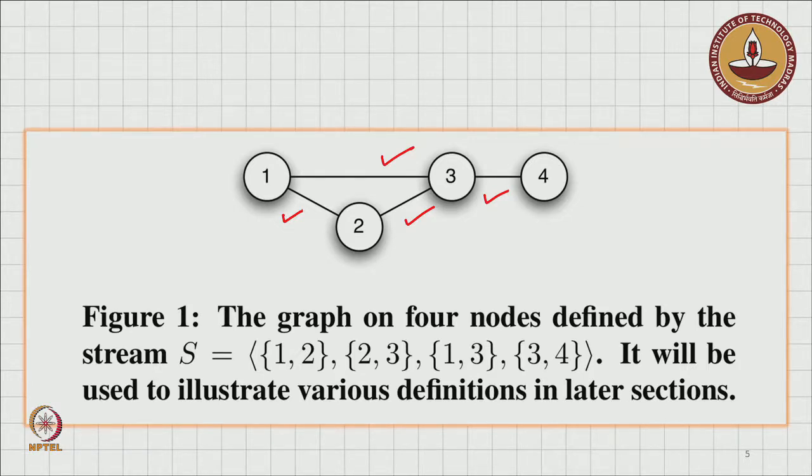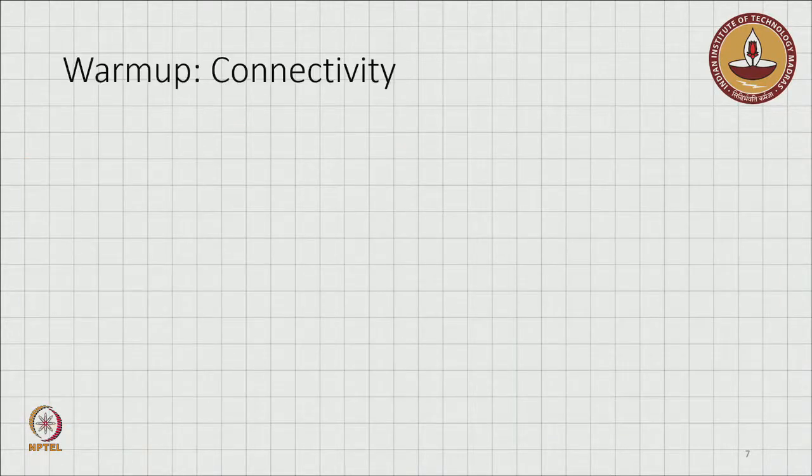So without further ado, let's start with a very basic question, that of connectivity. So we have this graph, and we're getting one edge at a time, and we want to know whether the graph is connected or not. And so how do we do that? Let's say that the first edge we get is 3, 4.